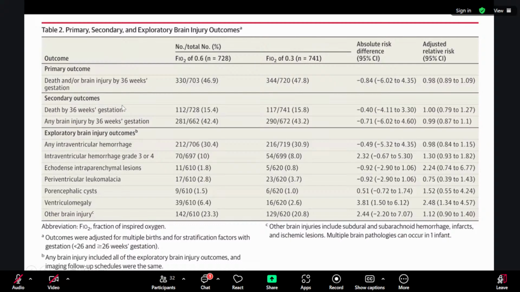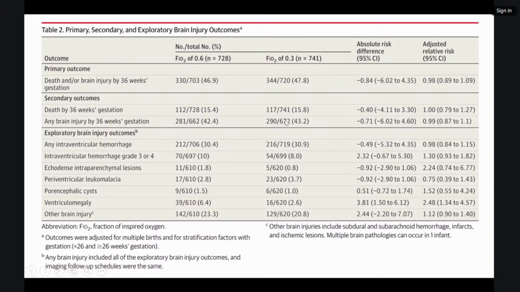Coming to the secondary outcome, there was a total death of 229 newborns in both the 60% and 30% groups, and most of these deaths occurred due to cardiorespiratory failure, but it did not reach statistical significance between the two groups. Comparing the exploratory brain injury outcomes, as you can see from this picture, ventriculomegaly was higher in the 60% group compared to the 30% group.